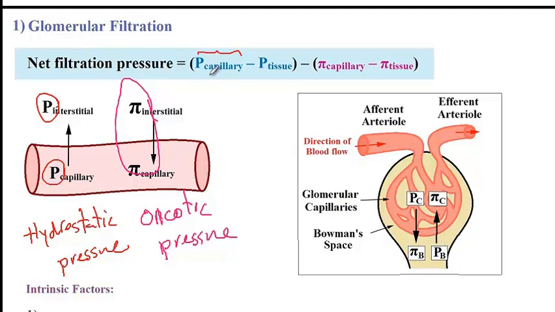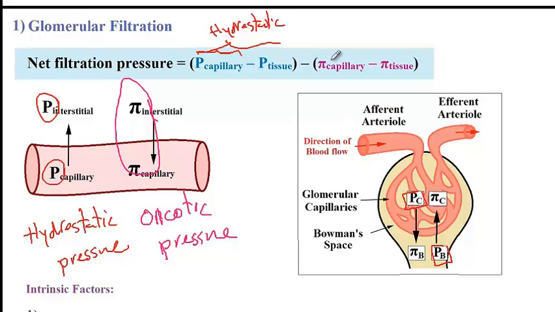So the first factor is P of capillary minus P of tissue, or we can be more specific and say Bowman capsule. Okay, so that would comprise the hydrostatic pressure of what is inside the capillaries minus what is inside the Bowman's capsule. And so here, PC minus P of Bowman.